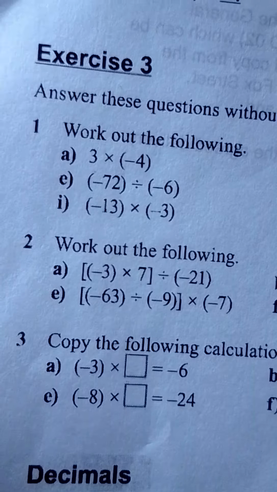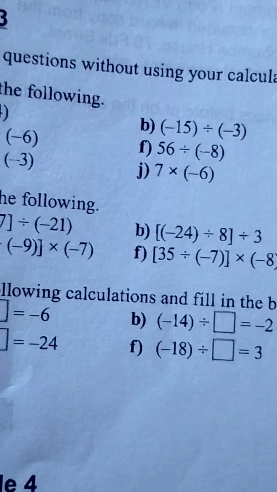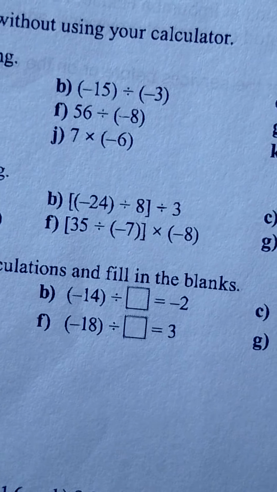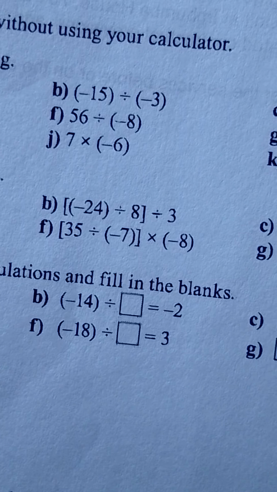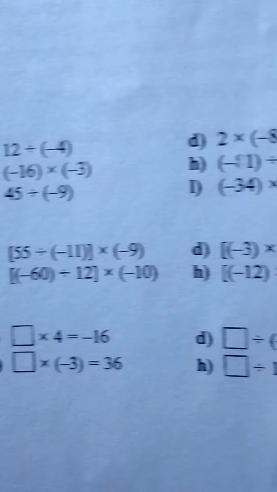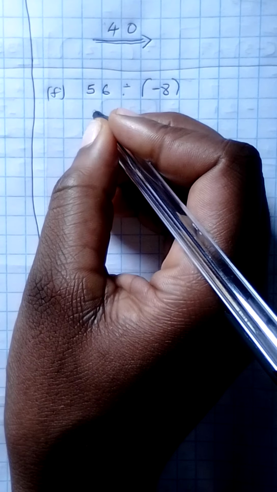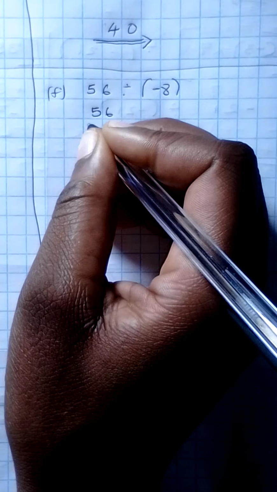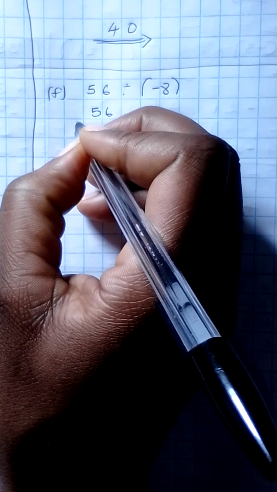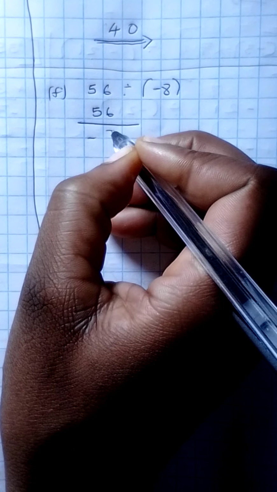Okay, this we said we can write it like this: 56 divide by minus 8, right?